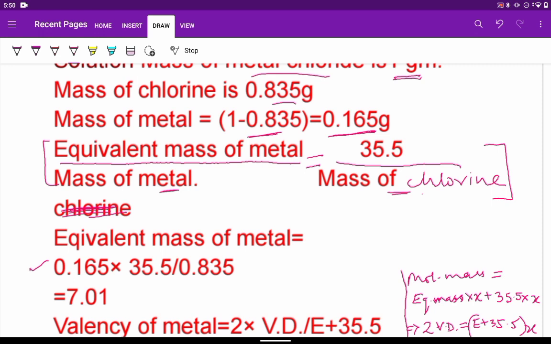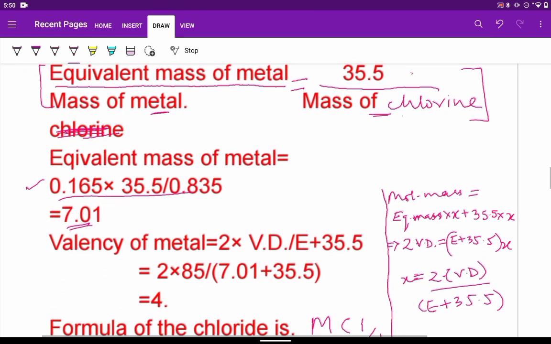Equivalent mass of the metal equal to 0.165 multiplied by 35.5, divided by 0.835, which is mass of chlorine. On solving this, we get the value 7.01.